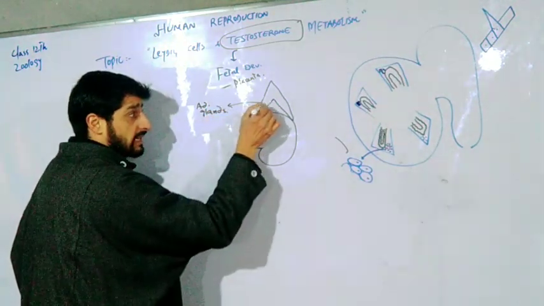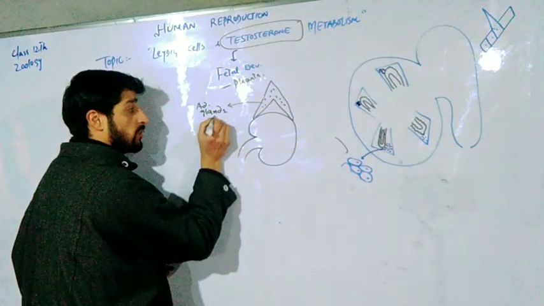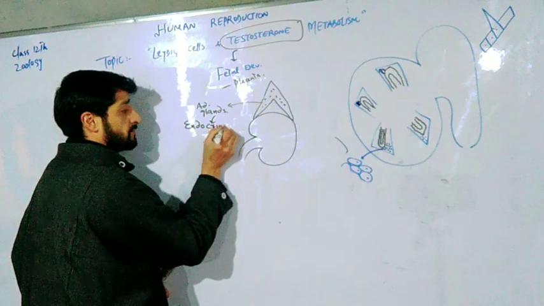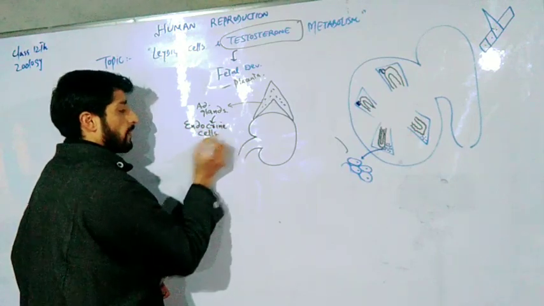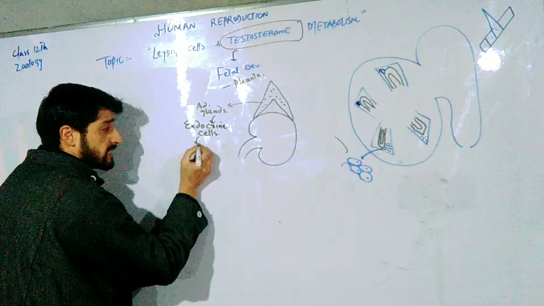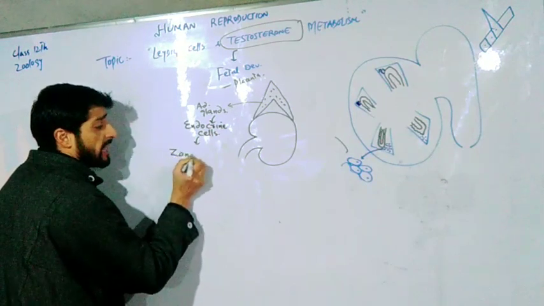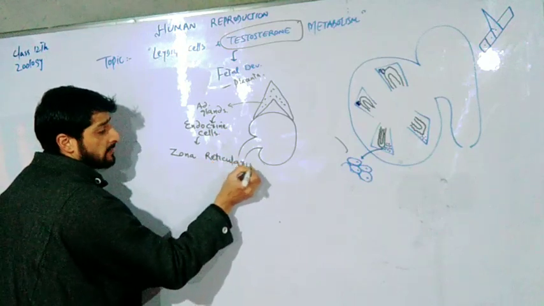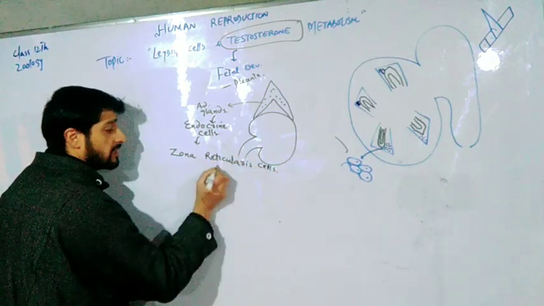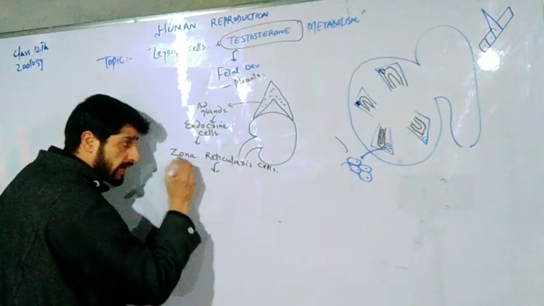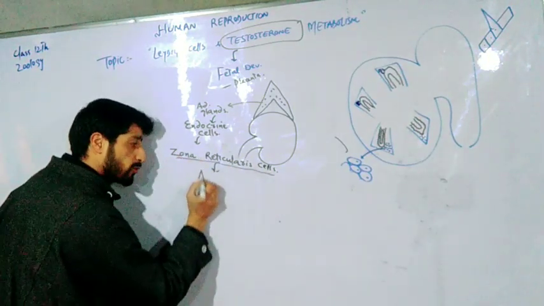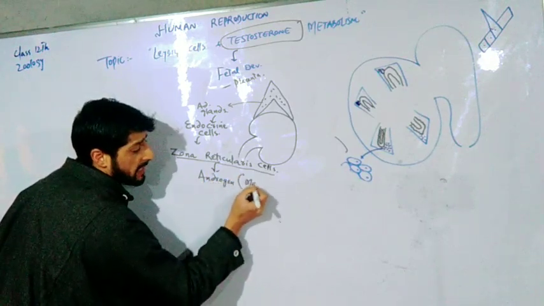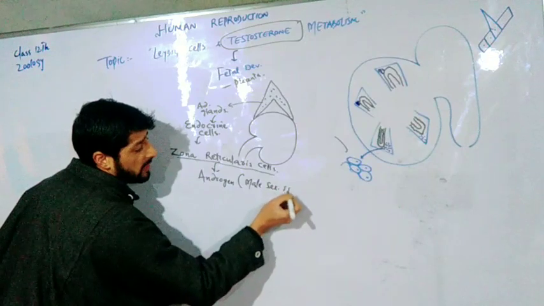These adrenal glands contain special endocrine cells, known as zona reticularis cells. These zona reticularis cells also produce androgens. When I say androgen, I mean male sex hormones.